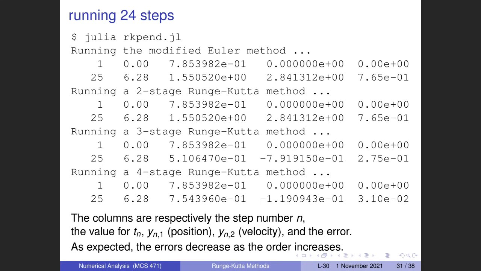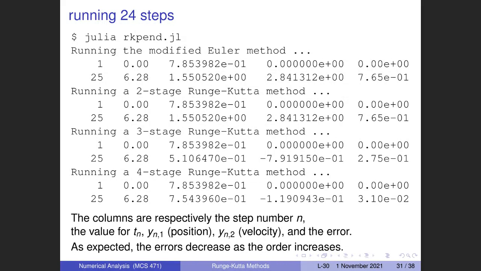We have the two-stage Runge-Kutta, and you see that the first two experiments are the same. We run this with a very limited amount of work, so we only do 24 steps, from 0 to 2 pi. And you see that we start at pi over 4 and end again at pi over 4.